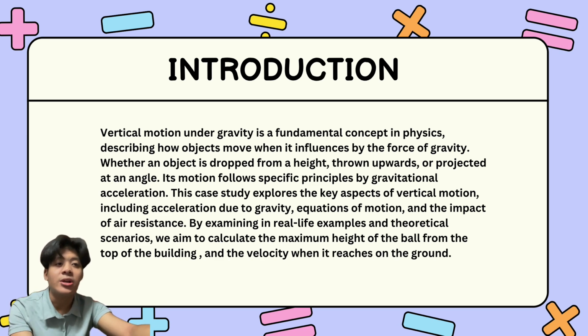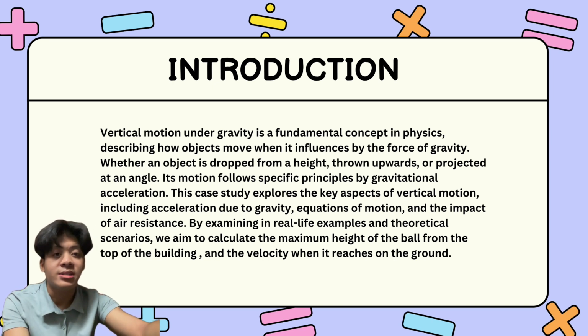By examining real-life examples and theoretical scenarios, we aim to calculate the maximum height of the ball from the top of the building and the velocity when it reaches the ground. Basically, in this kind of situation, it uses 4 different formulas. The first one is V = U - GT, to find the velocity.